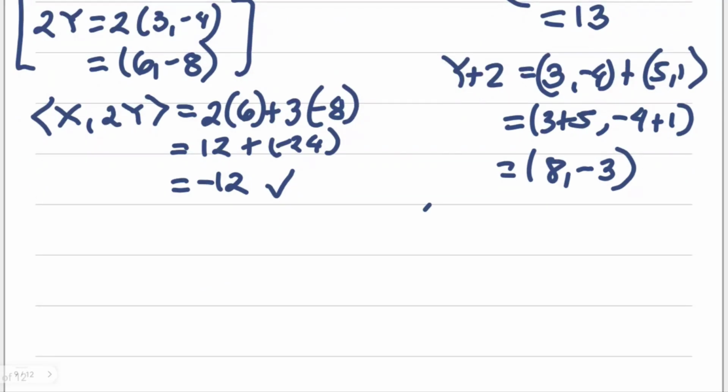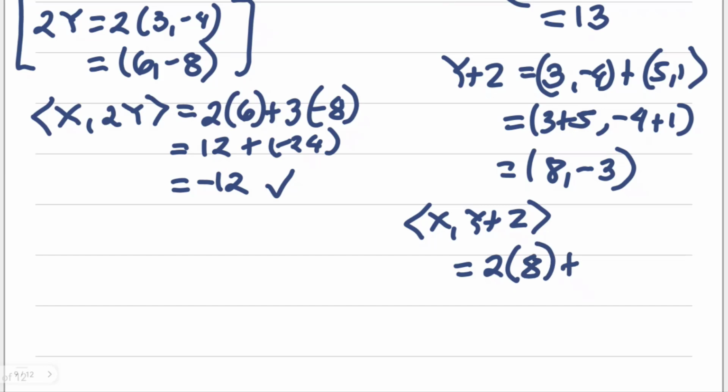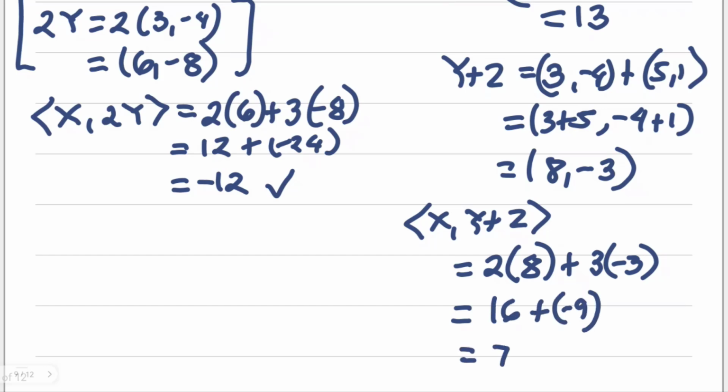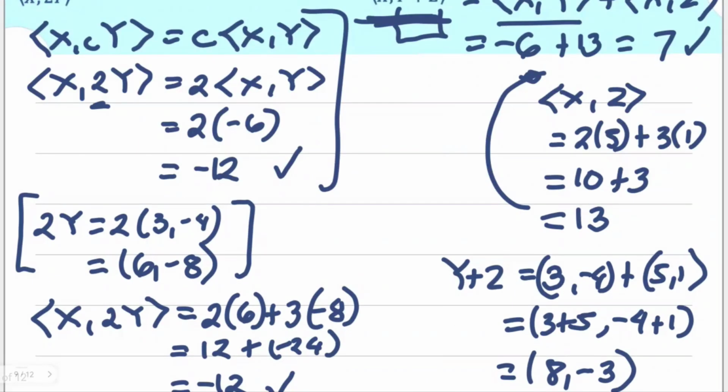So if you would like to take the inner product with x, and x again has components 2 and 3, so 2 times the first component, which is 8, plus 3 times the second component, which is negative 3. This is actually 16 plus negative 9, which will give you 7. This is still the same result as this.